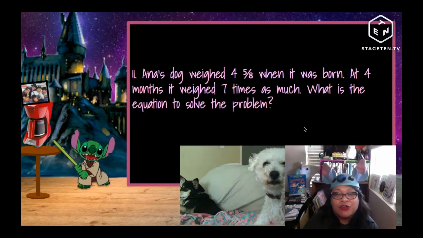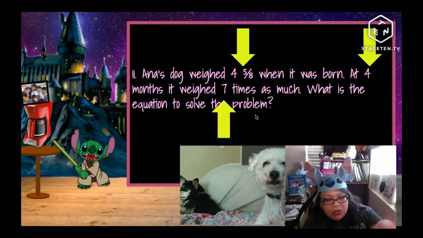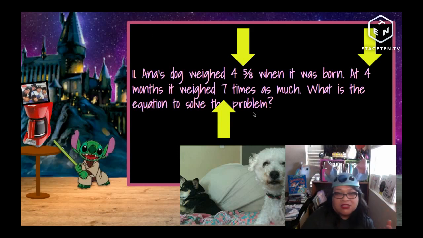Anna's dog weighed 4 5/8 when it was born. At 4 months, it weighed 7 times as much. What is the equation to solve the problem? Now, here's where math writers, curriculum writers like to have a little fun with kids, because they like to throw in extra information. So you can see all these numbers in there, right? Like, oh, hey, let's throw in another number, and Anna is 47 years old.